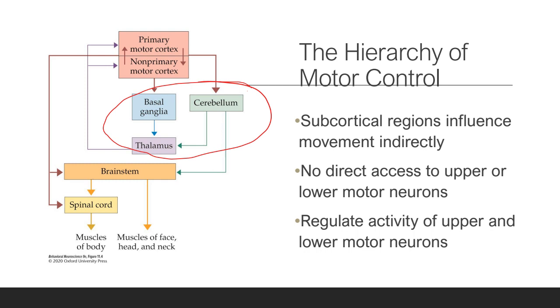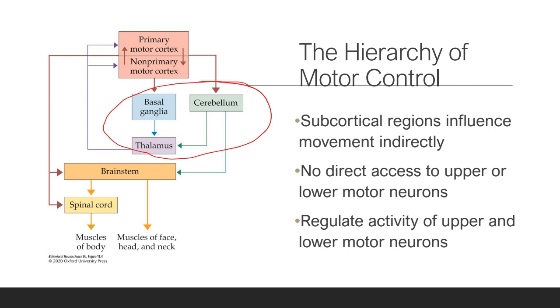Subcortical regions are important as well. We'll talk a little bit about these during the live class. Subcortical regions are massive, complex circuits in and of themselves, and they have output pathways that don't have direct access to those lower motor neurons.